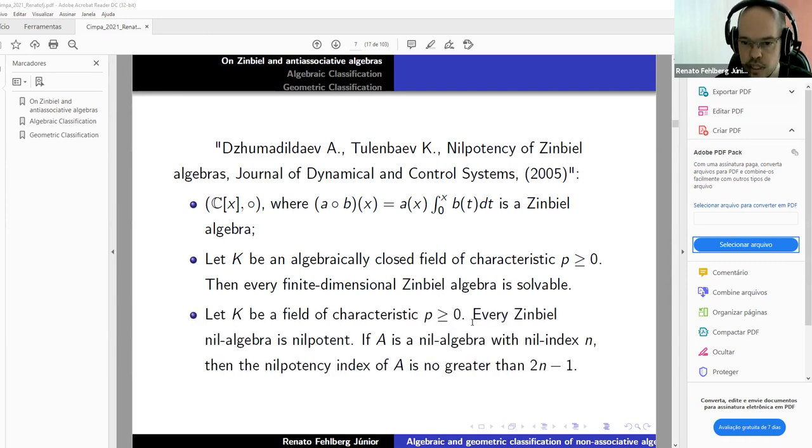And also in this context, it's possible to show that every Zinbiel algebra is nilpotent. Okay, and of course there are many more results, but this is just a few results here about Zinbiel algebras.